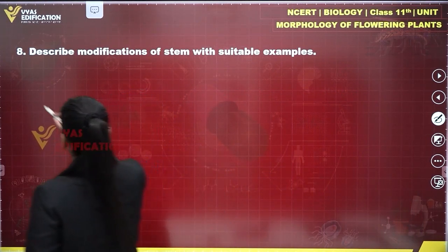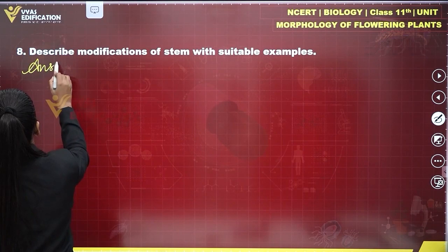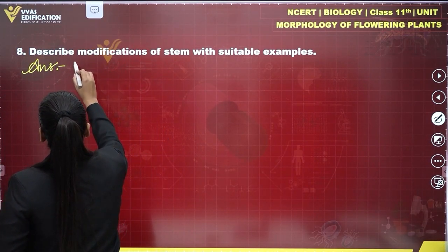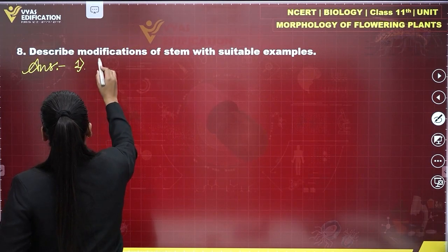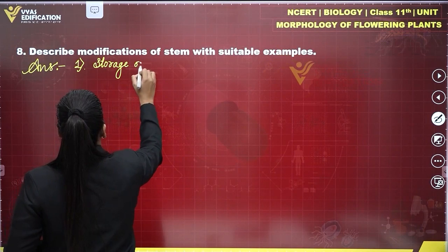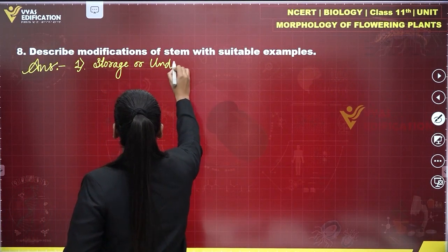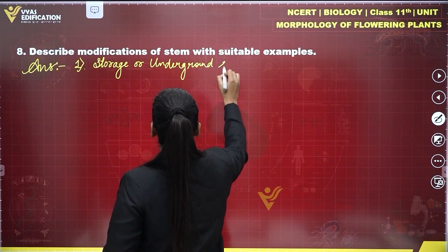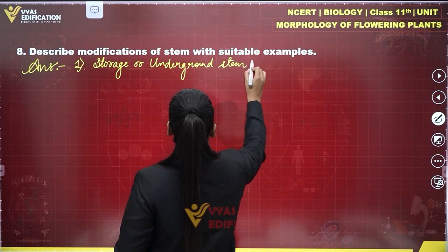Let's write the answer. So from here we are going to talk about the modification of stems. Now the first modification of stem we have is storage or underground stem. This is a modification of stem.